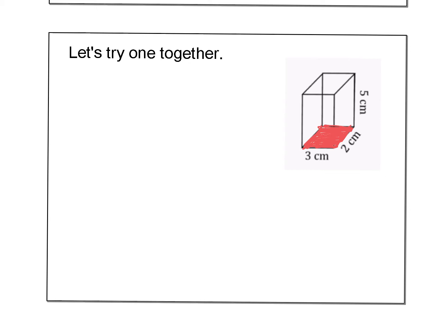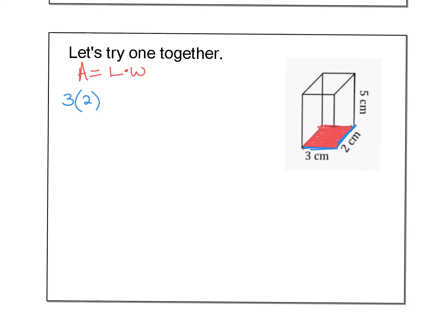Okay, so my bottom rectangle is the same as my top rectangle, and I'm going to figure out the area of this bottom rectangle. Remember, the area of any rectangle is always going to be the length times the width. So I've got a length of 3 and a width of 2. And it doesn't matter which order.